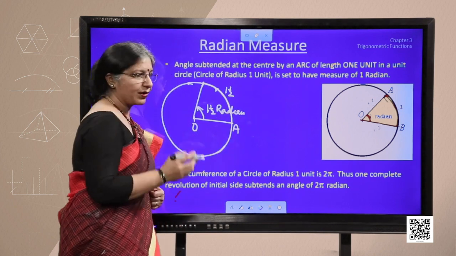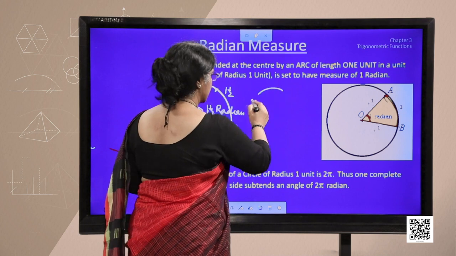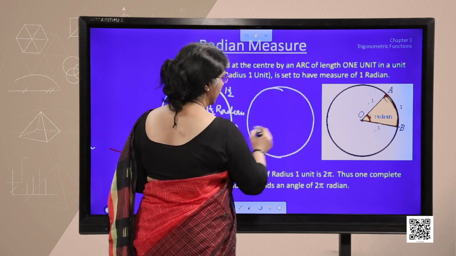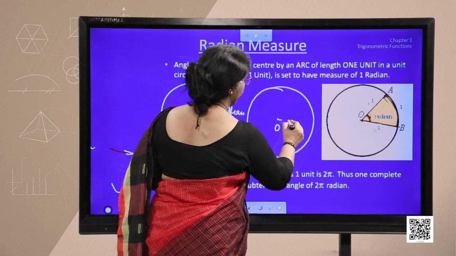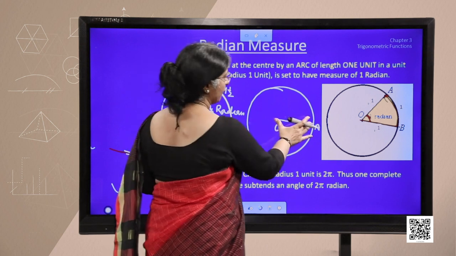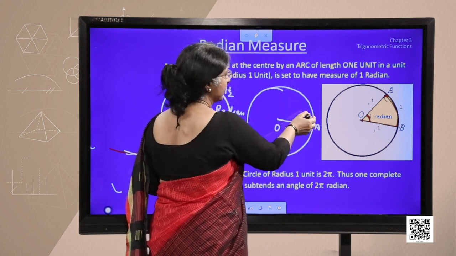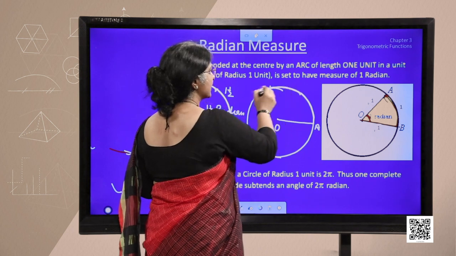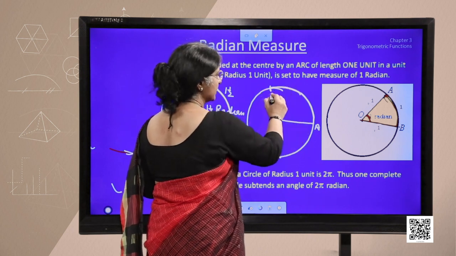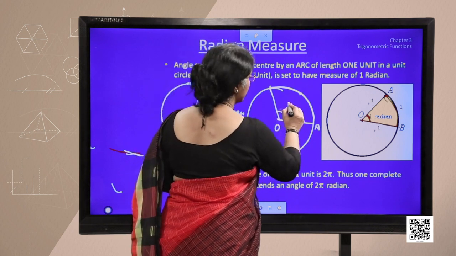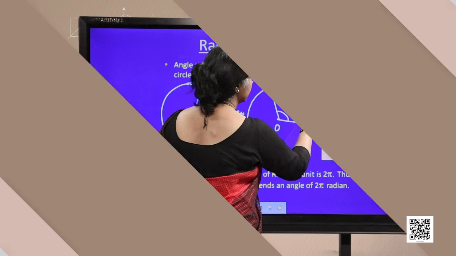Let us take one more example. Consider another circle, center O, the radius is 1 unit, and if the arc traces a distance exactly 2 times the radius, then this angle traced is said to be 2 radians.